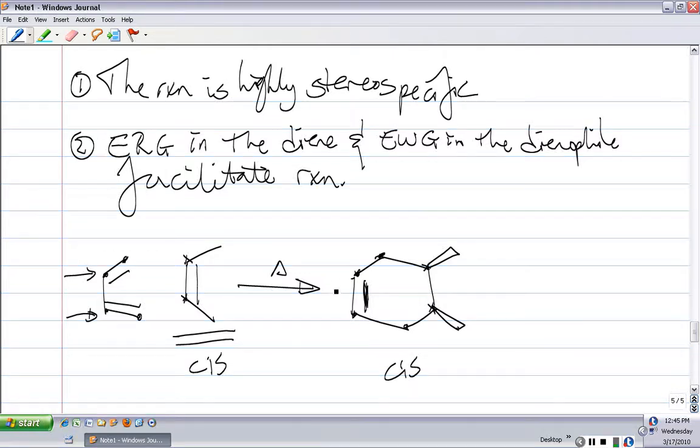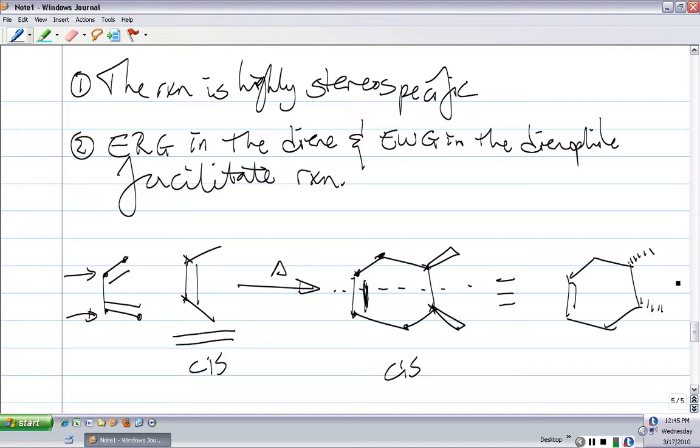Now I want you to realize that this molecule has a plane of symmetry, which means it's achiral. Therefore this entity and its mirror image, which would be this compound, are equivalent. By the way, I got this mirror image by imagining that there's a mirror plane behind the screen, and this is what would be reflected.